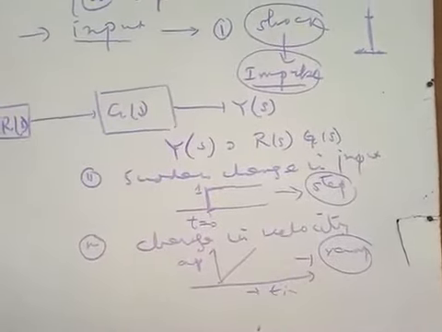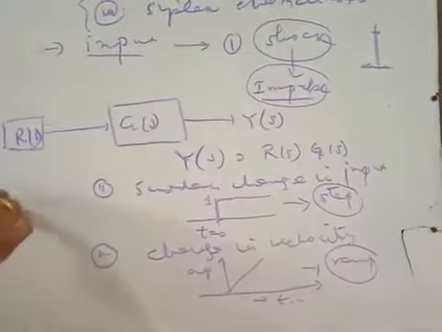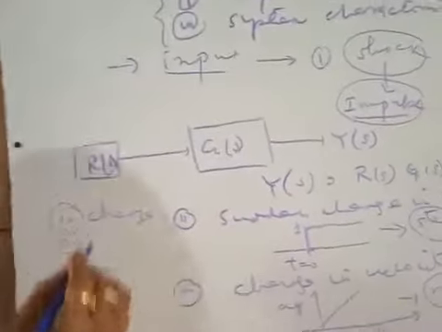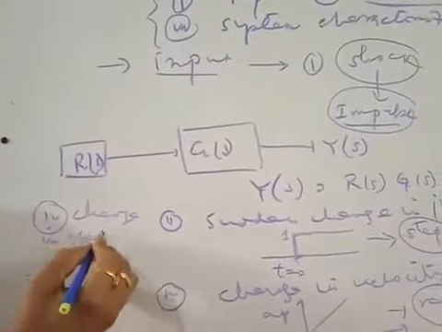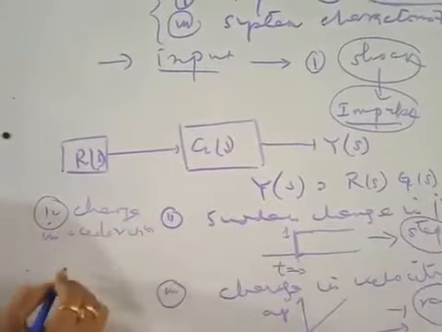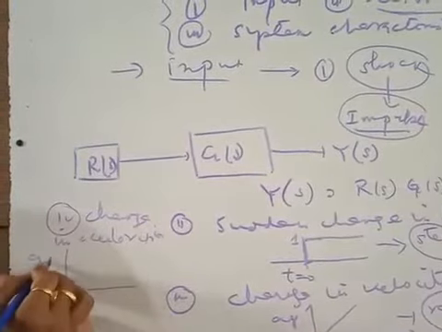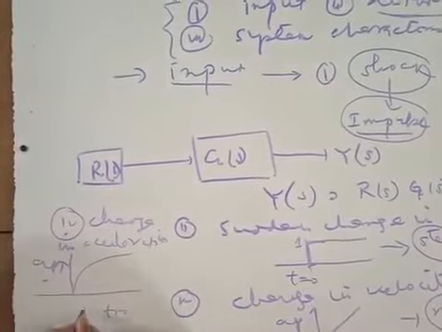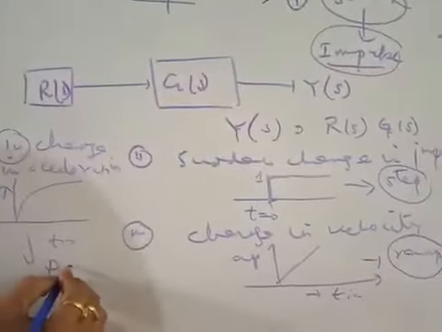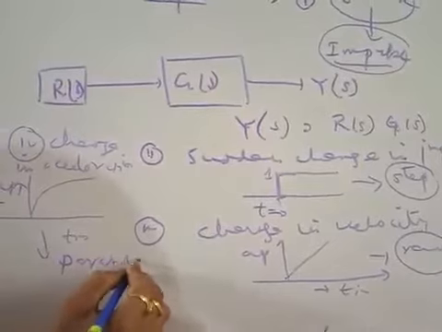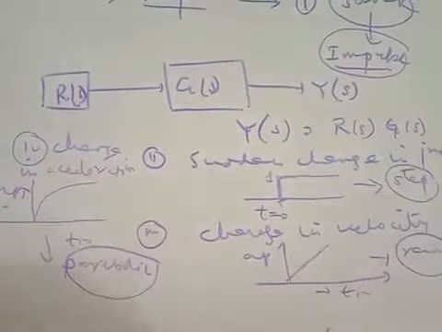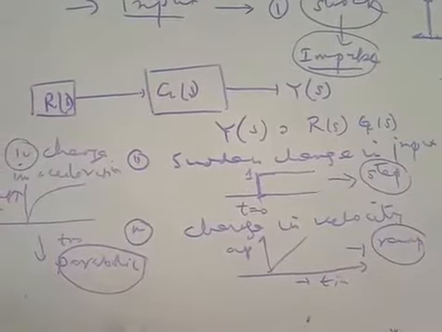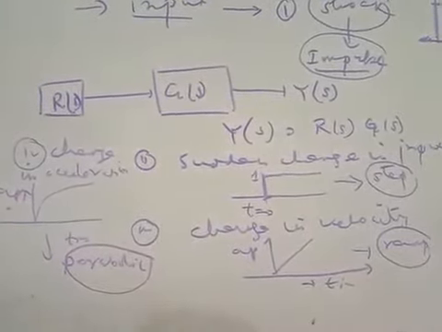Similarly, there is a fourth type of input, known as change in acceleration. Change in acceleration means this is your amplitude, this is your time, and this type of input is known as parabolic in mathematical form.